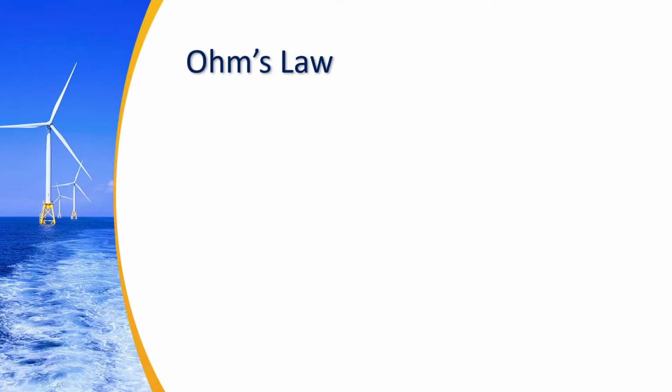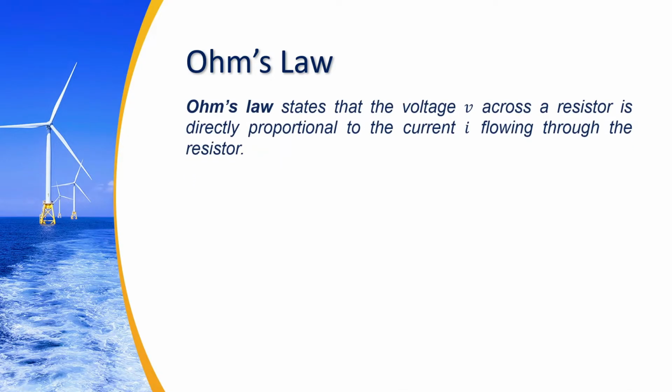Next. So pag-aralan natin ang Ohm's Law. So sabi dito, Ohm's Law states that the voltage across a resistor is directly proportional to the current flowing through the resistor. So, kapag in-analyze natin itong definition ng Ohm's Law, magka-come up tayo sa formulang ito. Wherein, yung voltage is directly proportional to current.